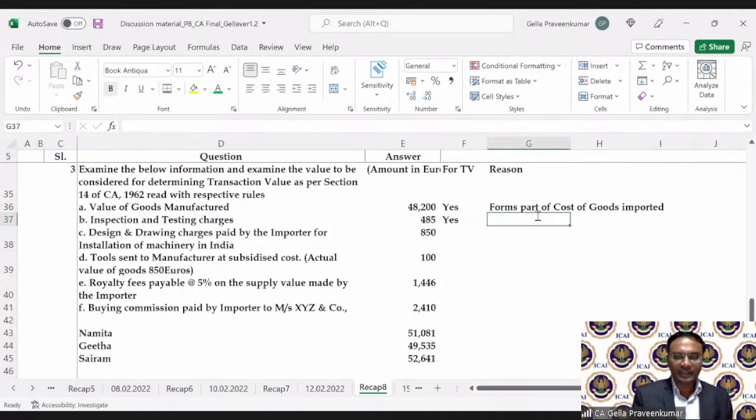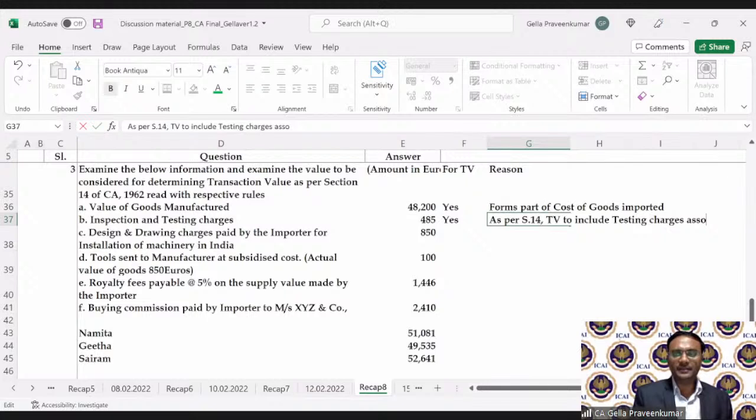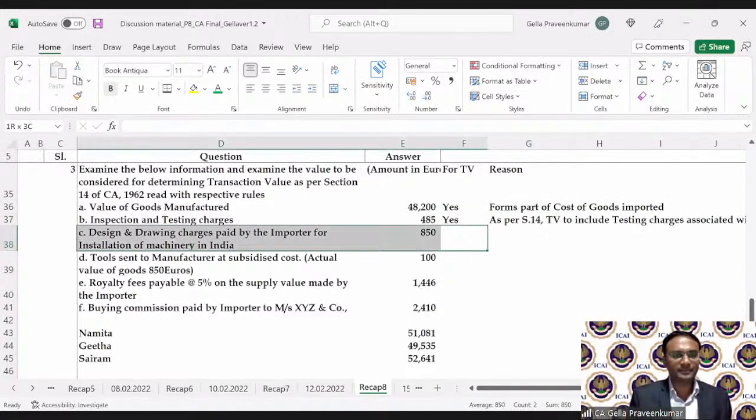Yes, as per Section 14, transaction value to include testing charges associated with goods.